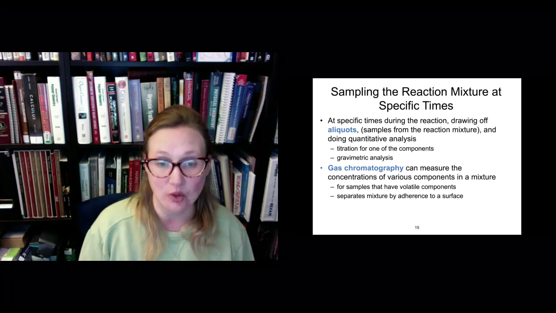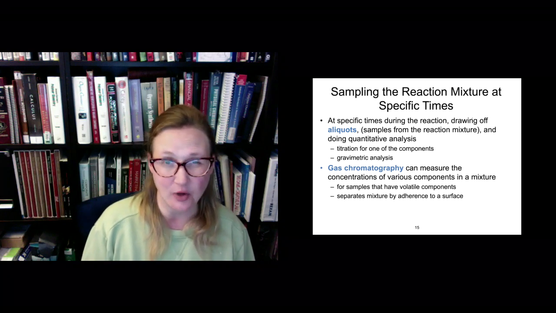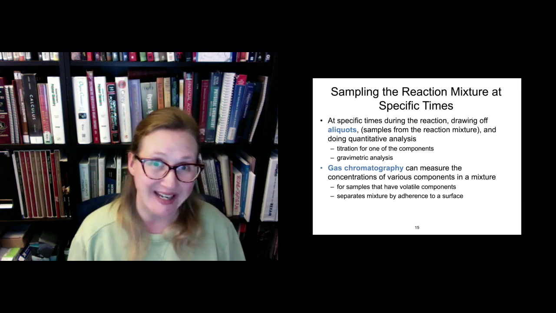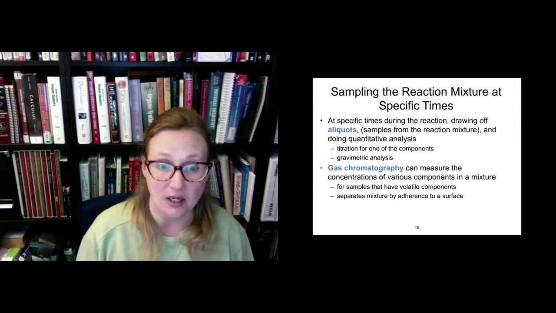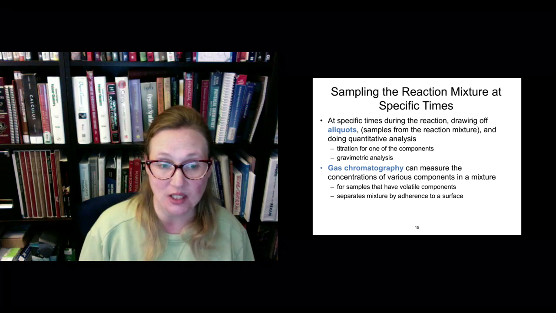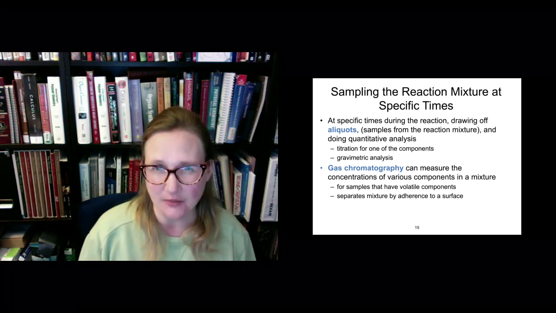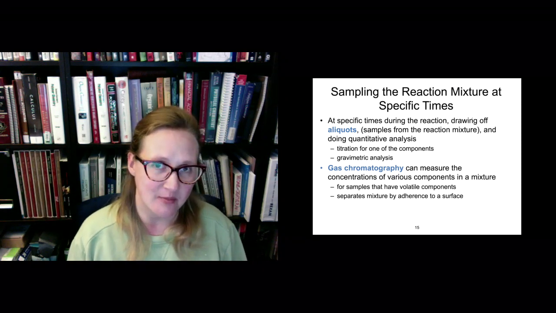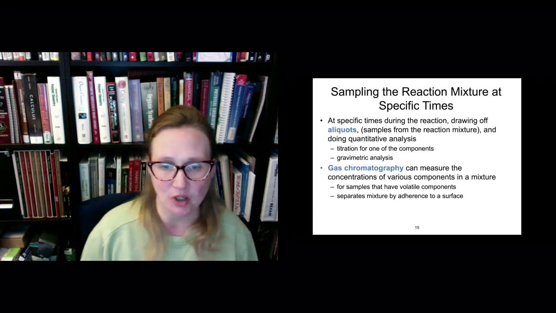But one thing that I'm going to talk a little bit about is this idea of gas chromatography. So if we're taking aliquots of a reaction, we can analyze the components of a mixture using gas chromatography if the sample is volatile, because it has to get into the gas phase. And then you separate that mixture in terms of its chemical components.